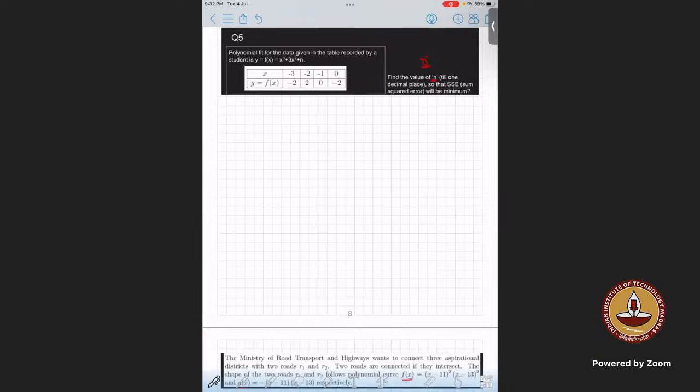Do you know what the actual approach is? What happens if someone gives you a polynomial equation and asks for the best fit?